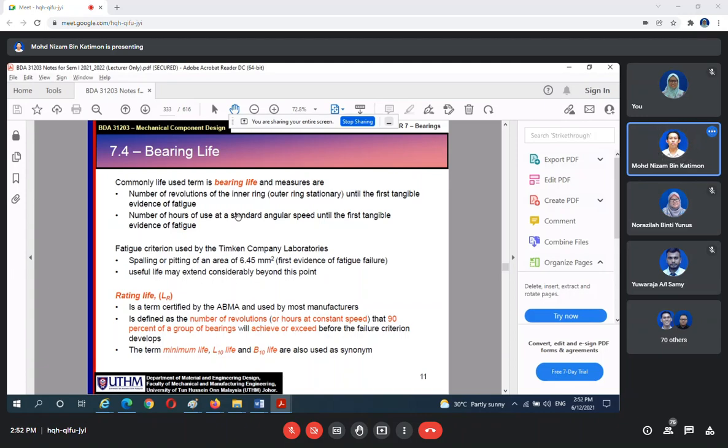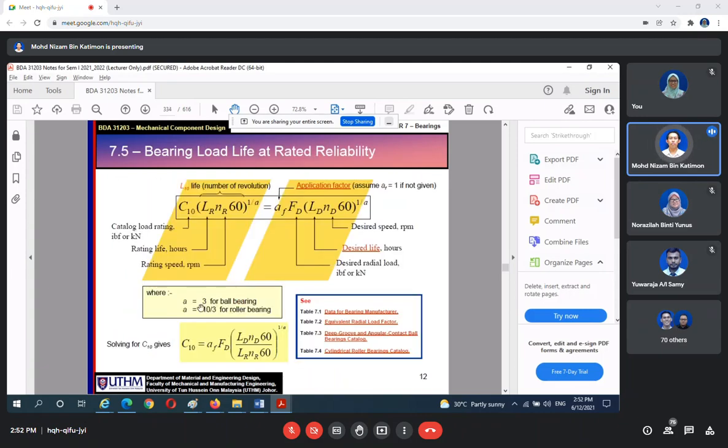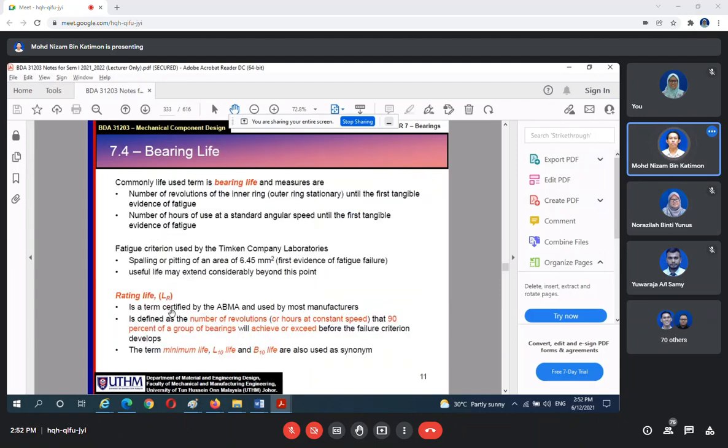C10 is the catalog load rating, determined by ABMA: the number of revolutions that 90% of a group of bearings will achieve or exceed before failure, the minimum bearing life.